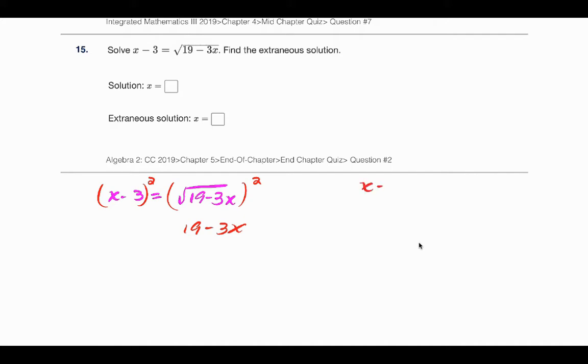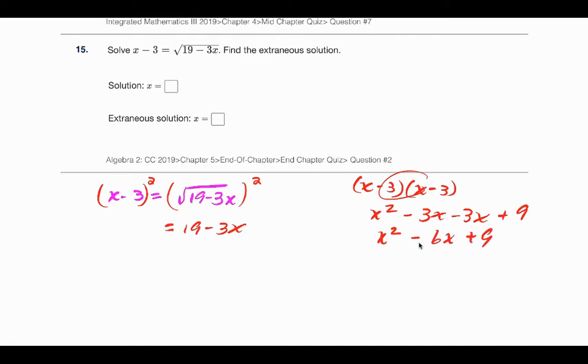So if you want to do that on the outside here, if we FOIL it, our first terms are x squared, our outside terms are negative 3x, our inside terms are negative 3x, and our negative 3 times negative 3 is positive 9, or x squared minus 6x plus 9. And that's what this side equals.